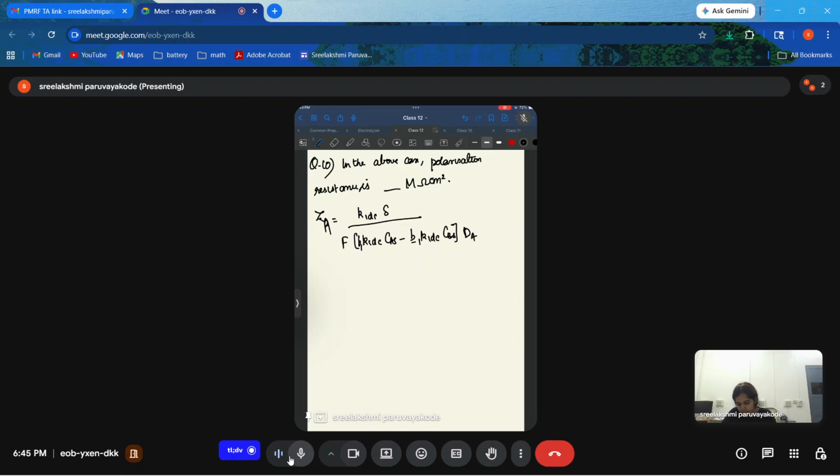This is the total impedance expression. Now, how do we derive the expression?